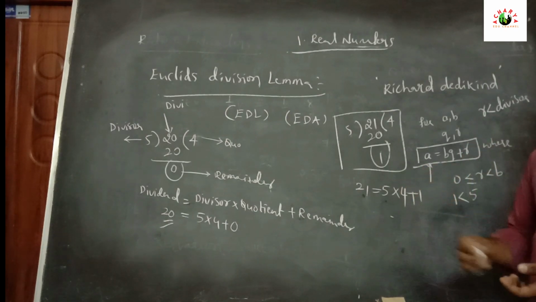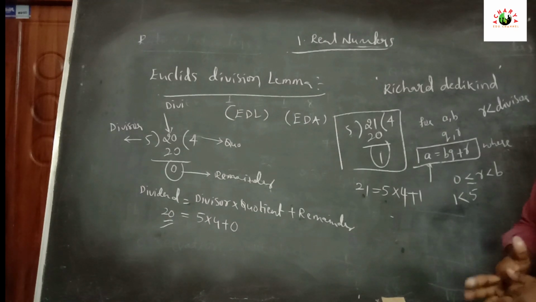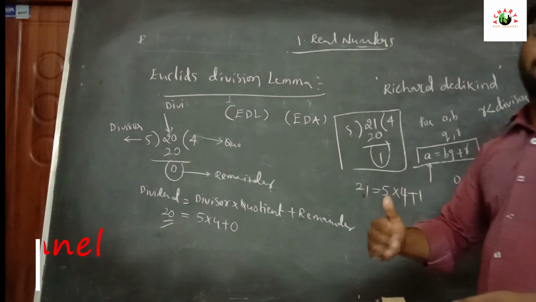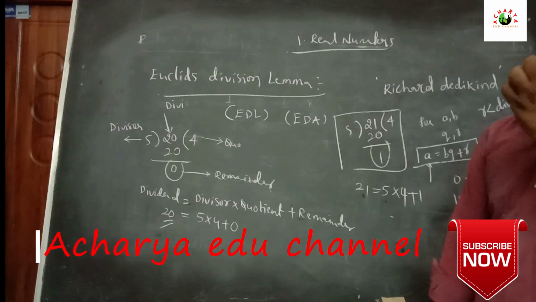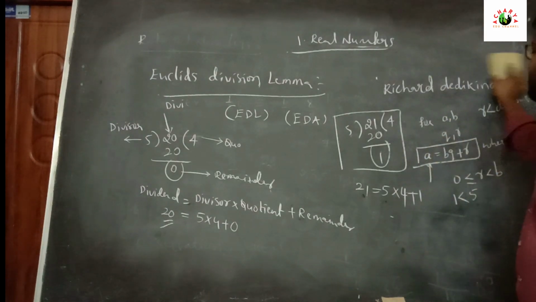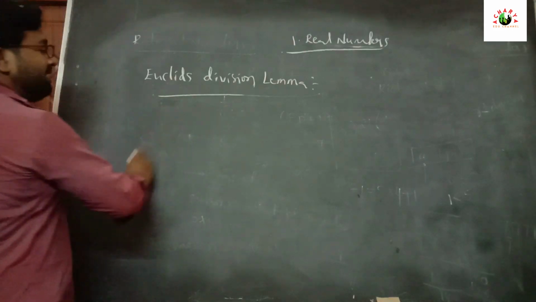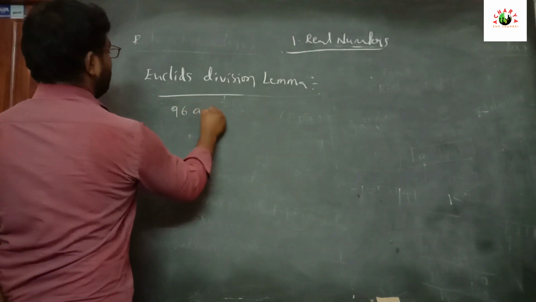Now, what is the use of Euclid's division lemma or Euclid's division algorithm? By using Euclid's division lemma, we find the HCF of 2 or more numbers. So let us check with an example: find the HCF of 96 and 72.